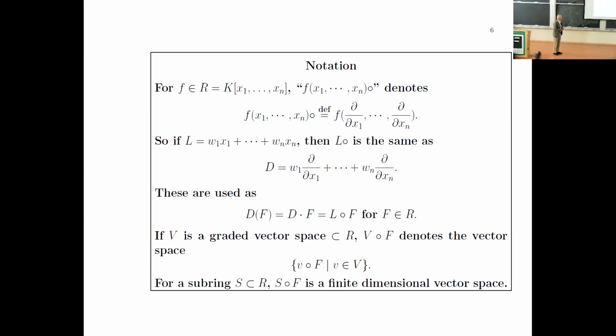When V is a graded vector space in R, V circle F denotes this set, which is, of course, a vector space. And when S is a subring of R, I also write S circle F, which is, of course, a finite dimensional vector space.